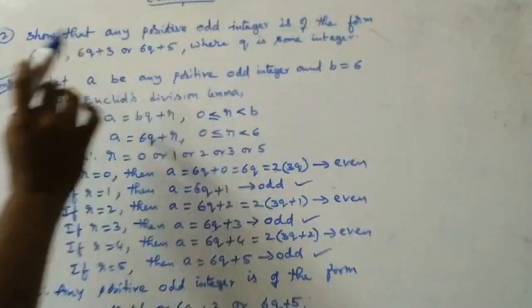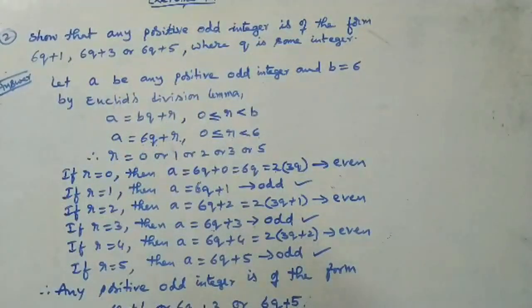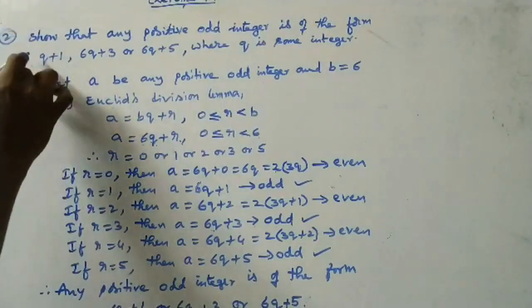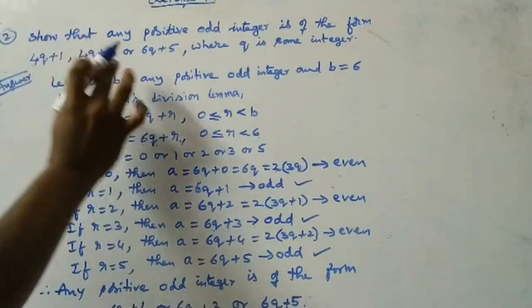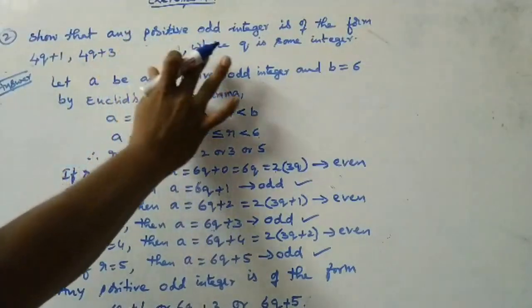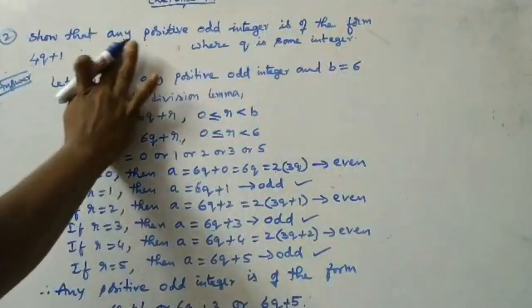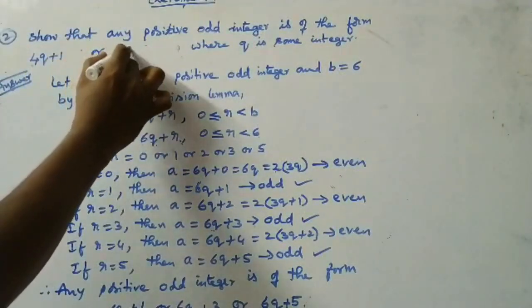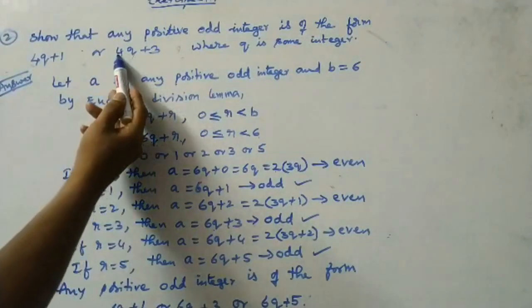Suppose the sum is given like this: show that any positive odd integer is of the form 4q plus 1 or 4q plus 3, where q is some integer. So same here, 4 is the divisor.